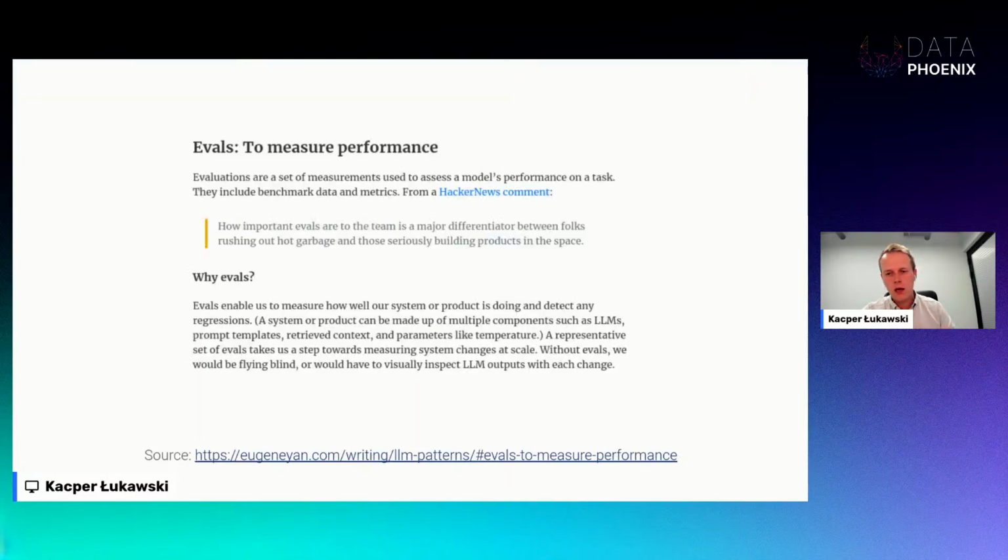There is a great blog post by Eugene Yan about serving LLMs, and this particular paragraph is all about measuring the performance of models. I really encourage you to have a look.